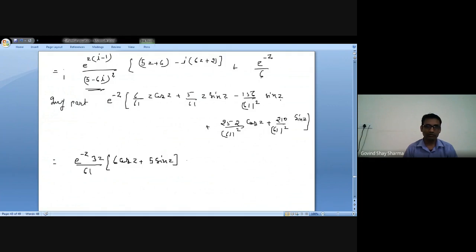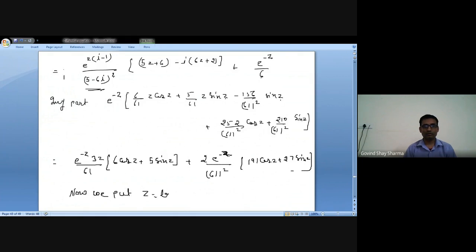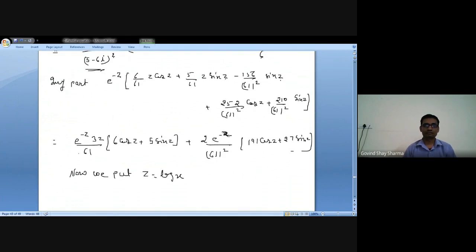Student, this is a very important question in the Euler-Cauchy equation: 191 cos z plus 27. Now we put z is equal to log x and get the, okay. So this is the complete solution, equal to CF plus PI.